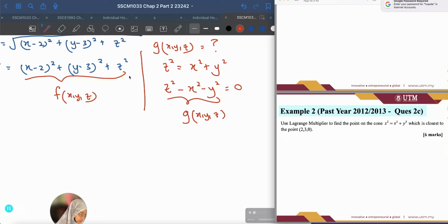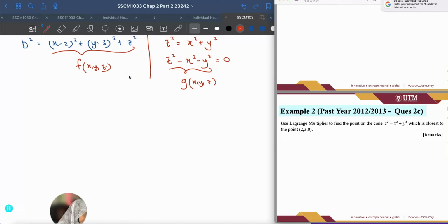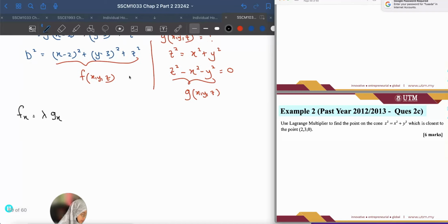Okay, so now we can start to find the partial derivatives for f and g. For the first term, fx equal to lambda gx. So fx, you differentiate with respect to x, so you have 2x minus 2. Okay, chain rule, yeah? You have to apply the chain rule. And then lambda, in g, differentiate with respect to x, you have negative 2x.